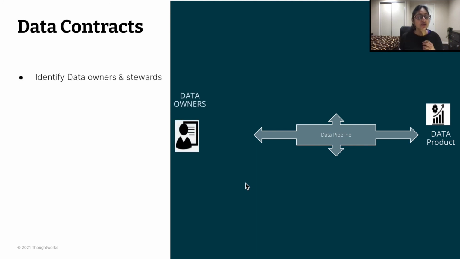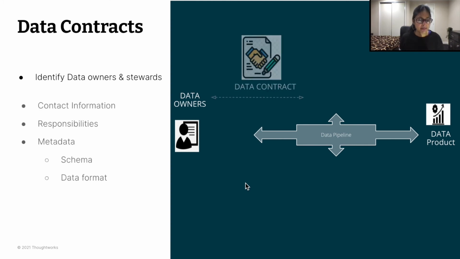So it's important to identify the data owners and have a data contract with them. In that contract, you should have contact information, understand their responsibility, make them responsible for the quality of the source, and capture metadata like schema and the format of data, and use it to validate the contract.